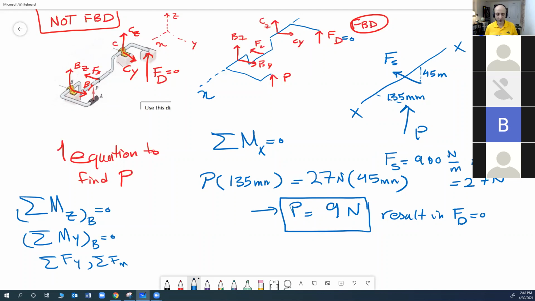These are the 4 equations you want. Okay, questions? Any questions?